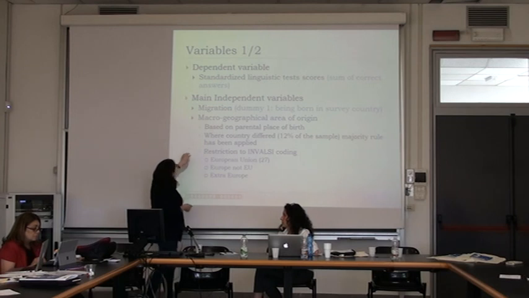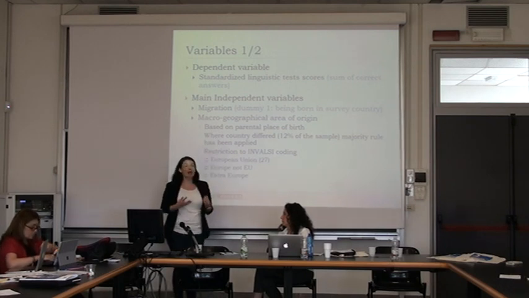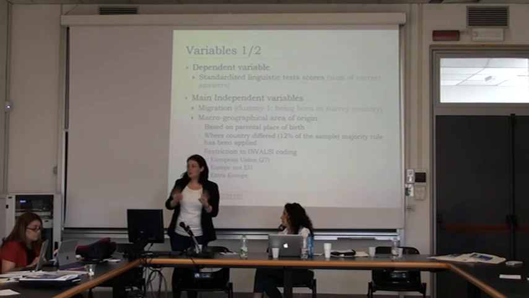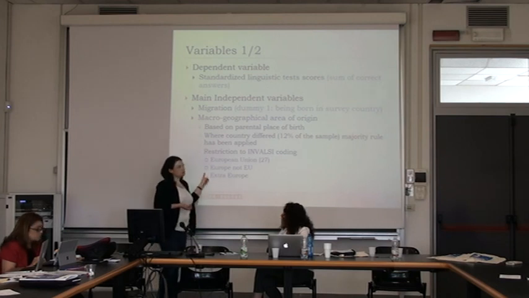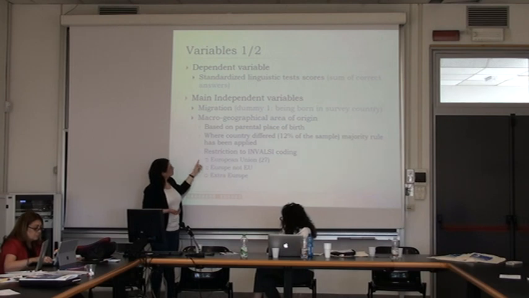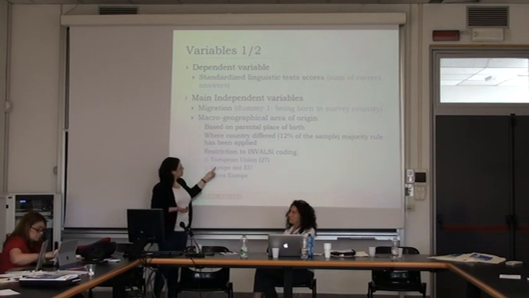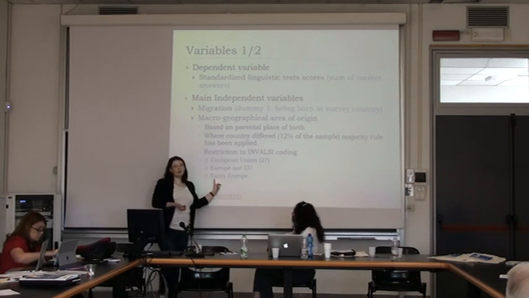The second is a little bit more tricky, and here I created a macro-geographical area of origin on the basis of the parents' place of birth, independently of where the student was born. I had, unluckily, to restrict the INVALSI coding, which can help us disentangle the southern countries from the European Union, Europe but not European Union, and all the rest of the world.